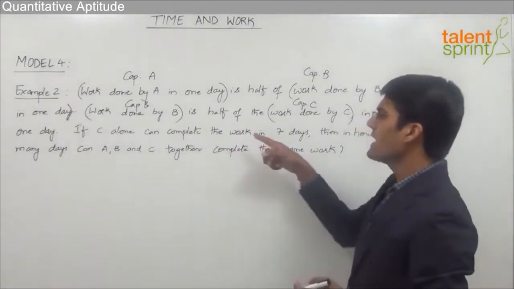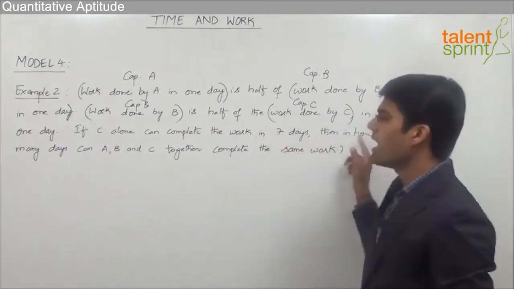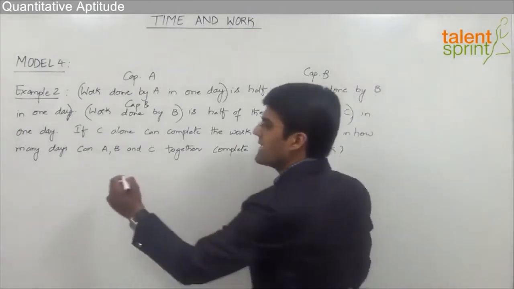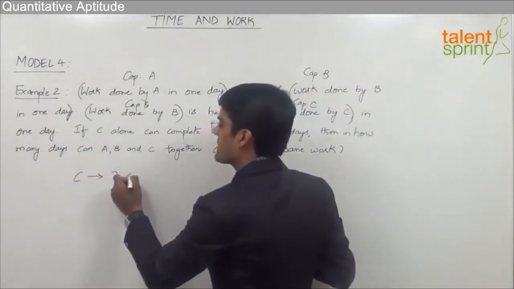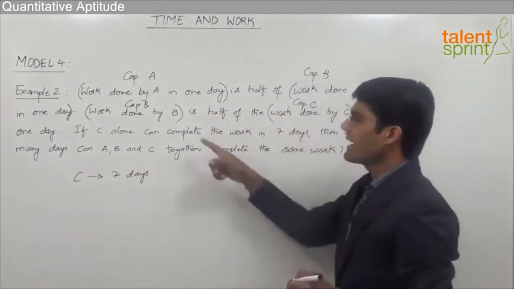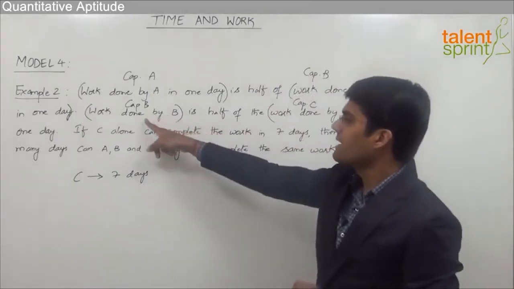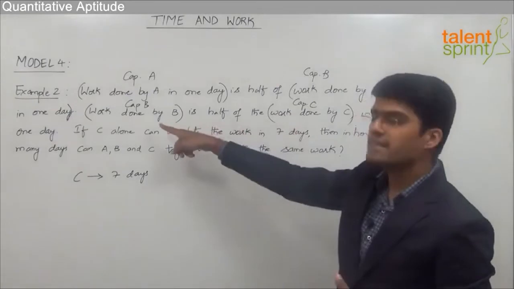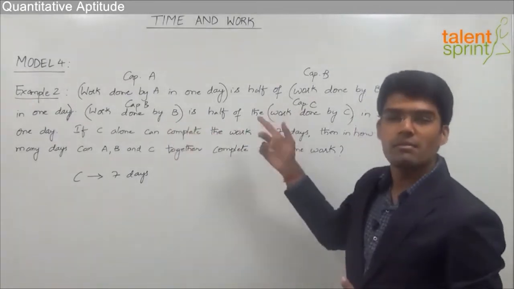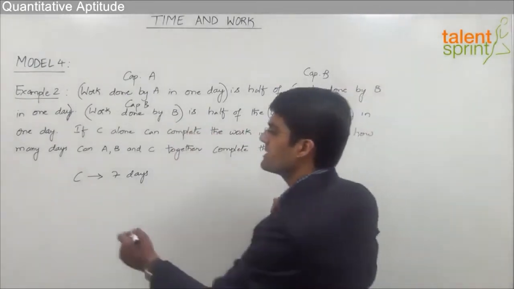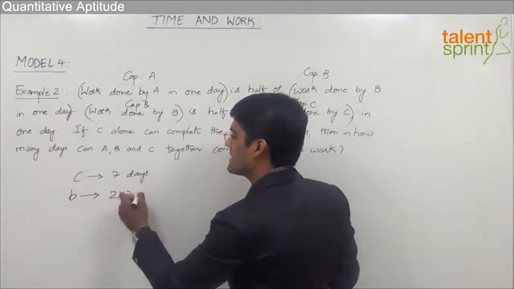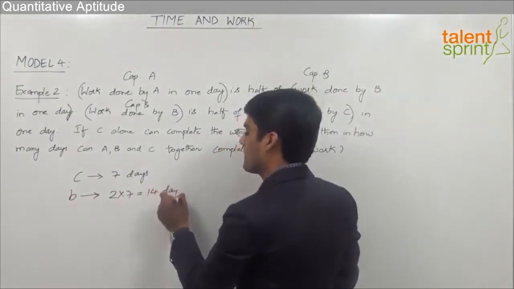So if C alone can complete the work in 7 days, then in how many days can A, B and C together complete the same work? We know that C here takes 7 days. And from the second statement we can understand that capacity of B is half of capacity of C. So very clearly number of days required by B will be double the number of days required by C. So number of days required by B should be 2 into 7, that is nothing but 14 days.